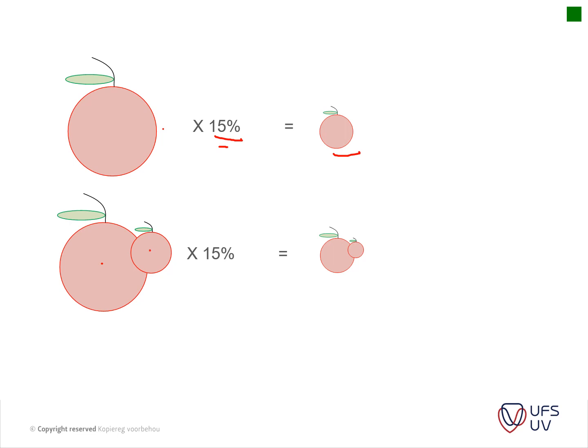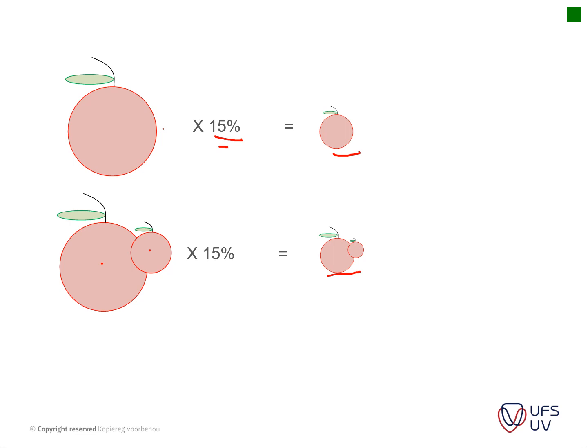The mistake that many people make is that if you times this with 15%, it's already got 15% included, so it's not 100% that you're timesing it with. It's 115% that you times with 15% to get 15% of 115.